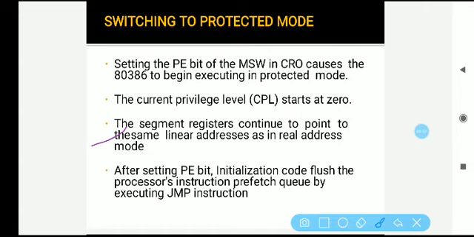The next point is, after setting the P bit, the initialization code flushes the processor instruction prefetch queue by executing a jump instruction. So these are the steps for switching from real mode to protected mode.